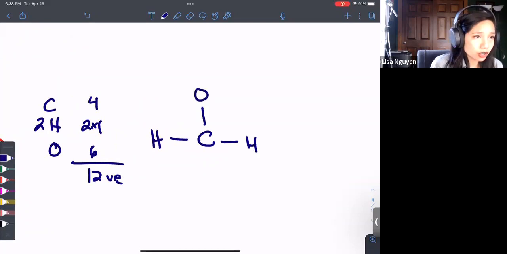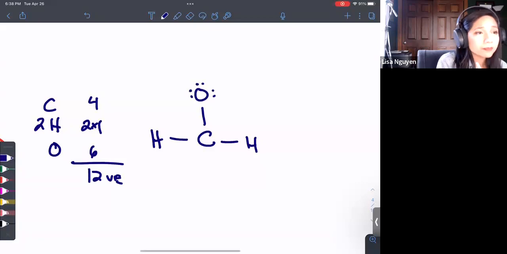And I see, okay, I drew 3 bonds, so I spent 6 electrons already. Now I have to place my leftover electrons on outer atoms first and fulfill octets. So I have 6. I'm going to put the next electrons on oxygen because it's an outer atom. So 6, 7, 8, 9, 10, 11, 12. I spent all the electrons that I have.